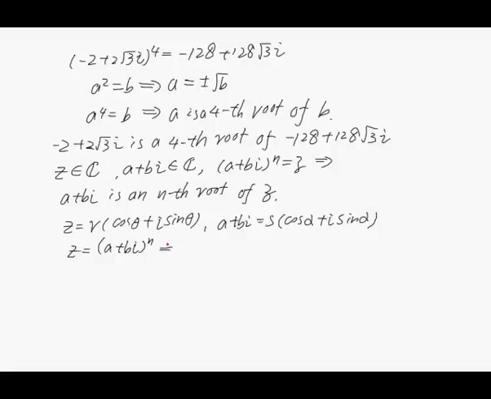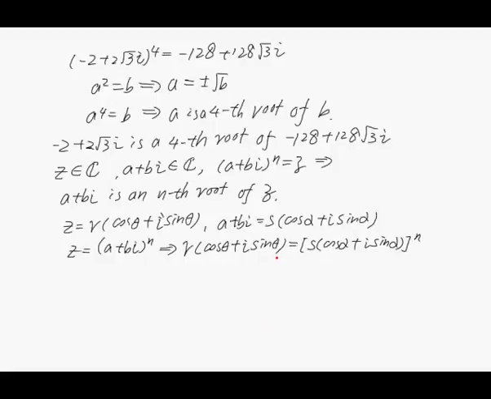Then from this equation, we have r times cosine theta plus i times sine theta equal to the nth power of s times cosine alpha plus i times sine alpha. Okay.